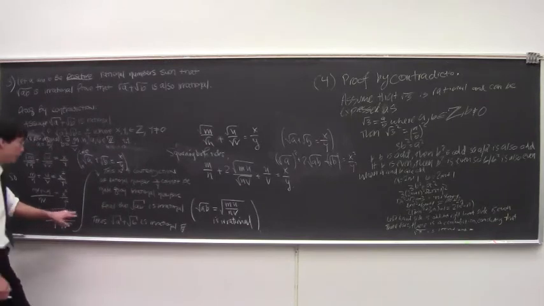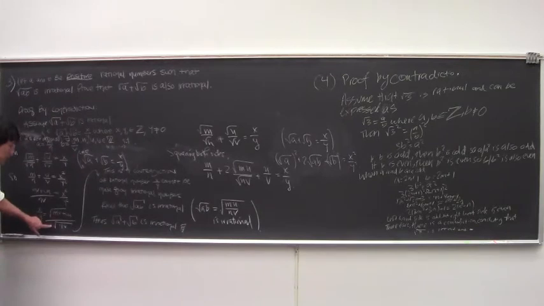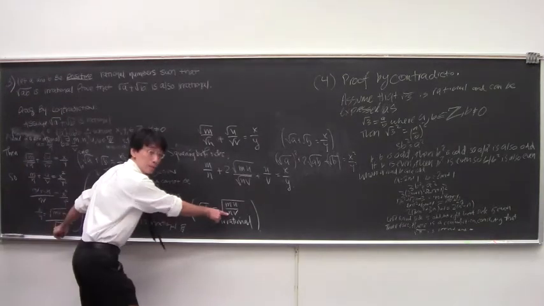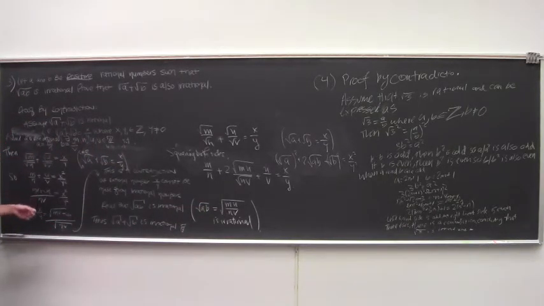But at this point, what you're saying is that this is irrational because this is irrational. But that would require some justification. Why? Well, I took off the pieces, so the square root of NV is in the square root of AB, and that's irrational.